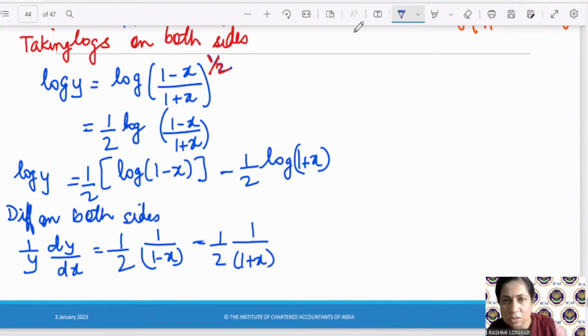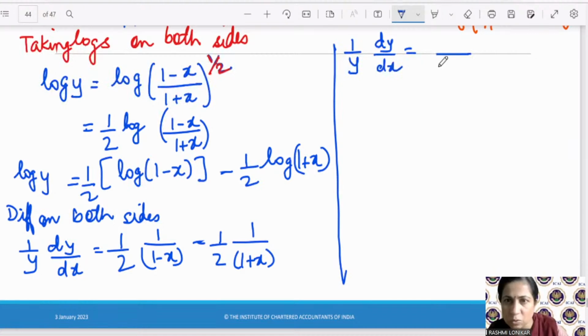So I get 1 upon y dy by dx is equal to 1 upon 2 times (1 minus x) into (1 plus x).